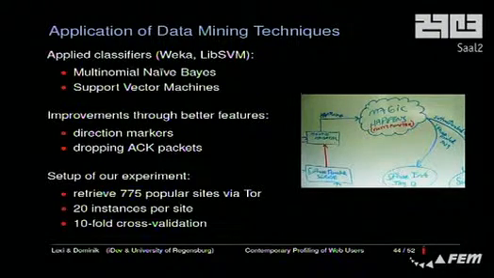An important part of machine learning in general is feature extraction. And so far I've only talked about extracting the packet sizes, and this does not work really well, at least not for Tor. For Tor, colleagues of mine actually found that you have to have other features in order to get more discriminating features. And these are direction markers and dropping acknowledgement packets.